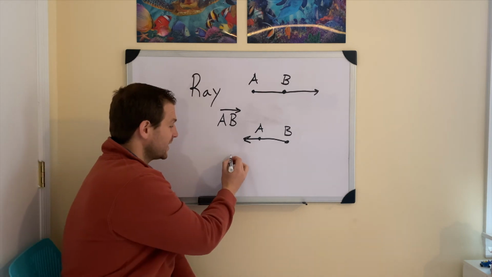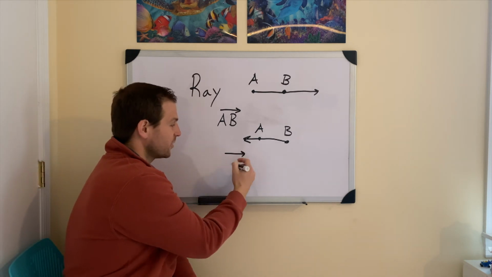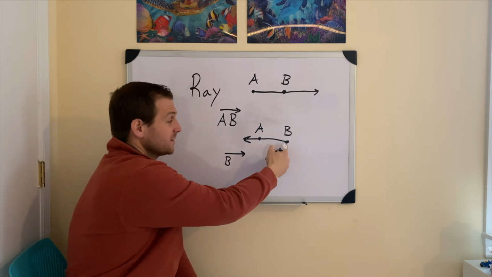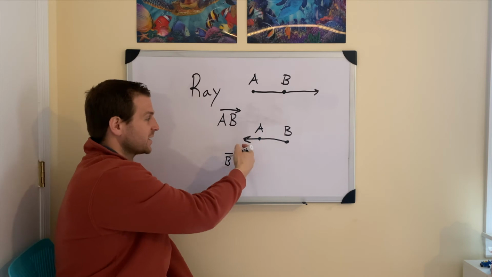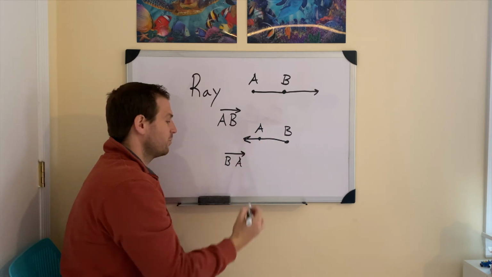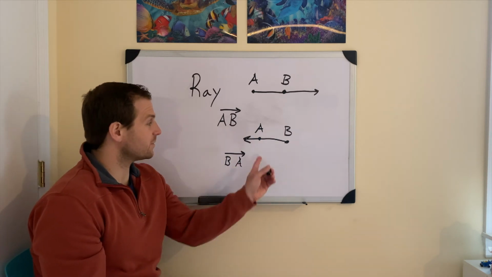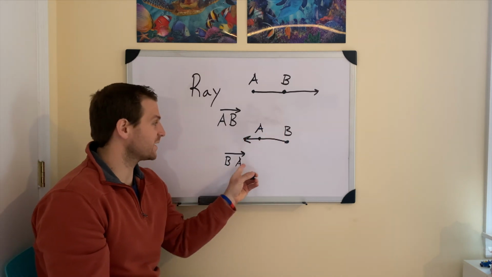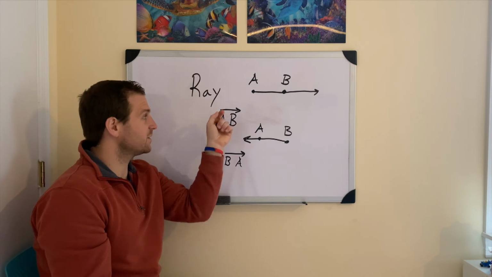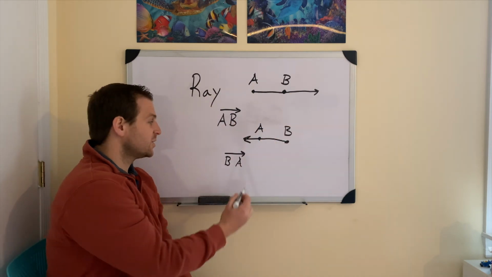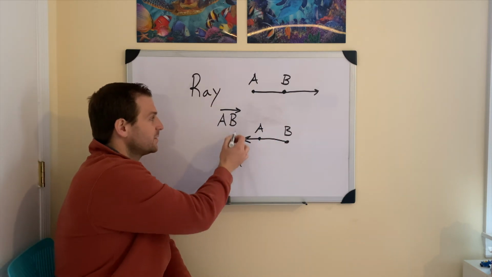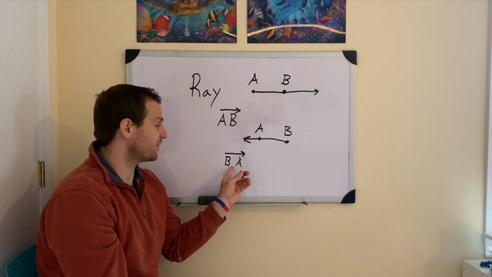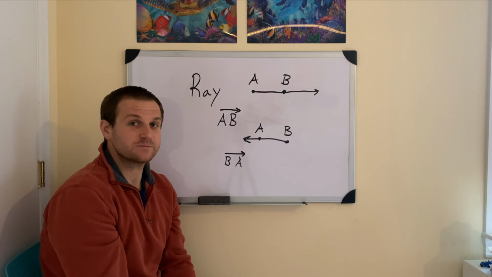It would actually be labeled ray BA, with the arrow still going to the right, starting at point B and working its way through point A. So even with the same points, this ray tells me that it's going that way, this ray tells me it's going this way. No matter what, your arrow on top of the two points should always be pointing to the right. So you just have to flip the direction of your points.